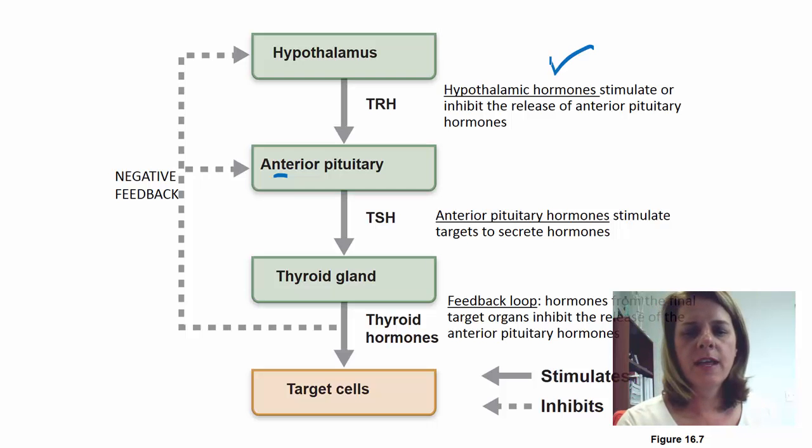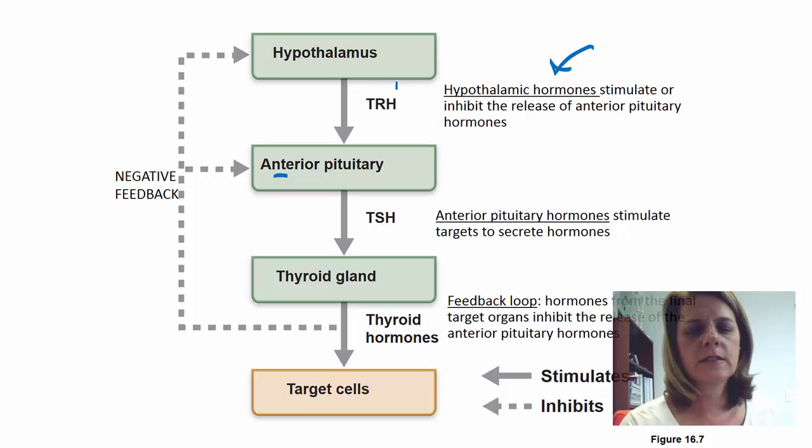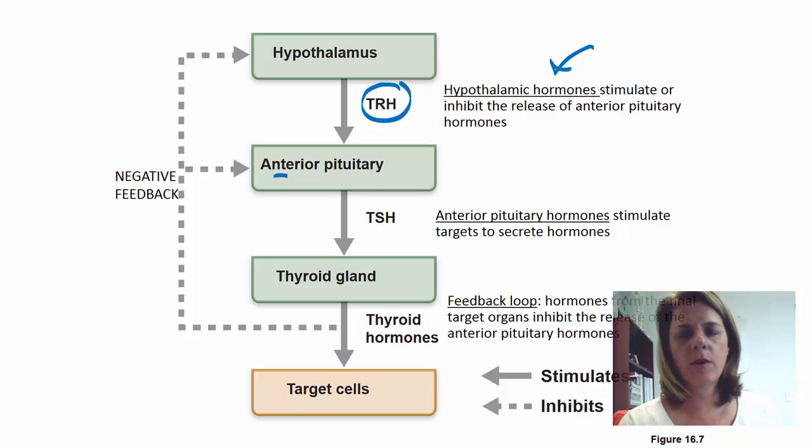In this case we're going to have a releasing hormone. So the hypothalamus releases TRH. Remember, the R stands for releasing. That releasing hormone will then go to the anterior pituitary. The anterior pituitary, in response to being stimulated by TRH, will release TSH, thyroid stimulating hormone.